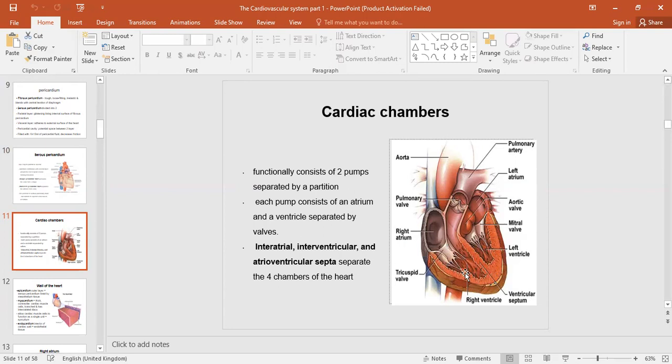For example, the right ventricle will pump blood through the pulmonary trunk into the pulmonary arteries, left and right, going to the lungs. Now, the distance between the heart and lung is short. So that's why this muscle, even though it's thicker than the atria, is not as thick as we see in the left ventricle.